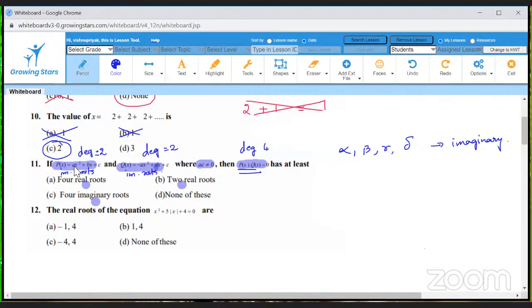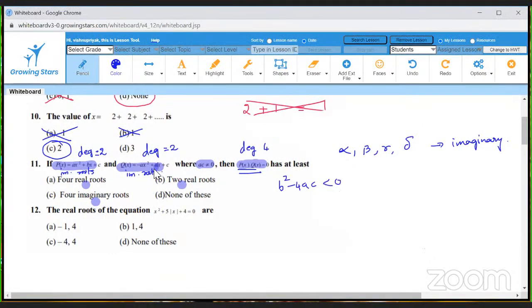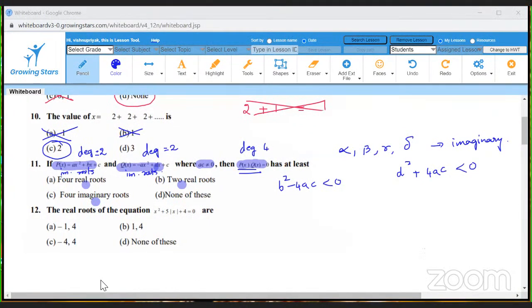Imaginary roots means what? In the first equation, the discriminant should be negative. In the second equation, what is the discriminant? B square minus 4AC should be negative. So both the discriminants must be less than 0.